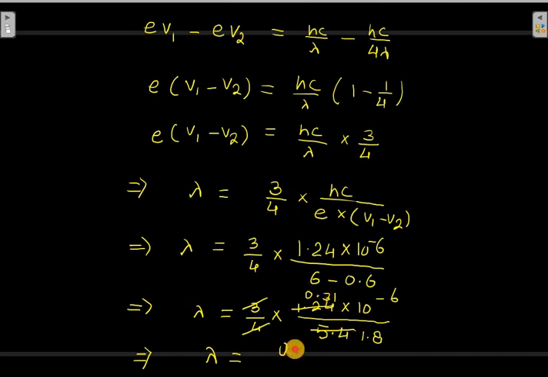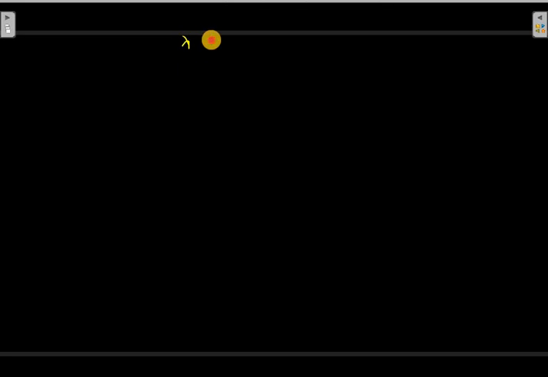Lambda will be written as 0.31 divided by 1.8 multiplied by 10 raised to power minus 6, implies that we can write lambda will be written as 31 upon 180 multiplied by 10 raised to power minus 7, or that can be written as 1.72 into 10 raised to power minus 7 meter. This is the answer of first part.